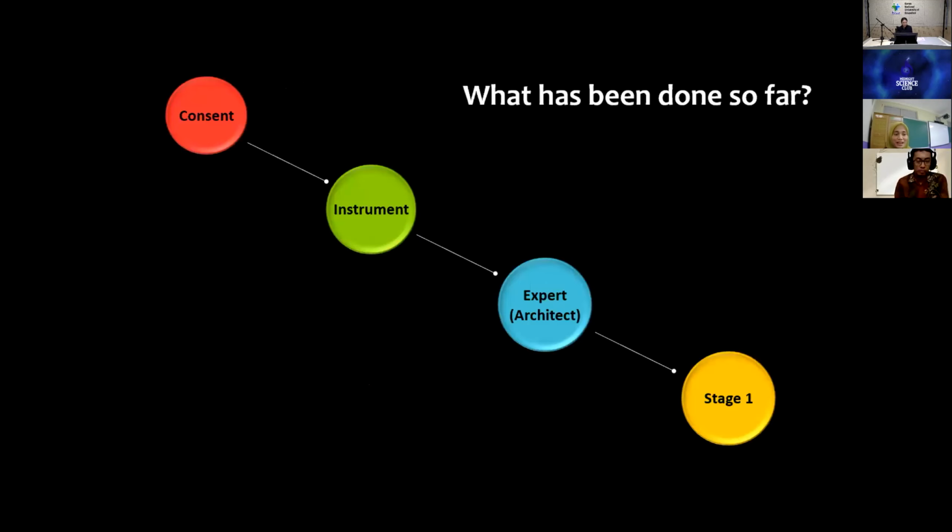So far, what I have done: I've got the content, of course, and then designed the instrument, and then discussed with the expert architect the components that we need to involve in our activities. And the first stage of the project has also begun. The concept of sustainability and vernacular architecture has been introduced to the students.